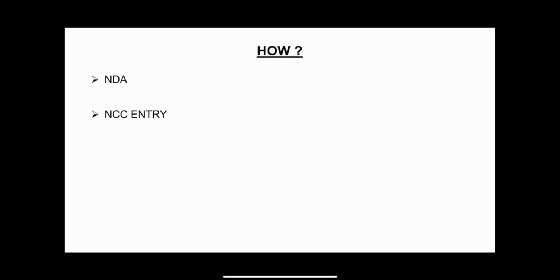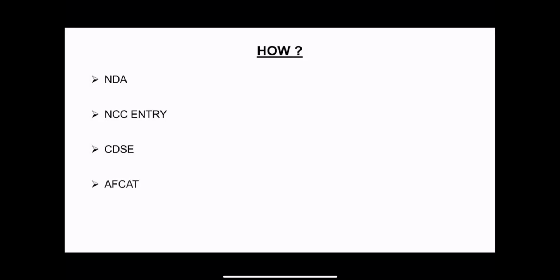This NCC entry is a permanent commission. And CDSE, that is Combined Defense Service Entrance Test Examination, is also common for Air Force, Army, and Navy. But this is again only for pilots. You can become a pilot and in the permanent commission entry.